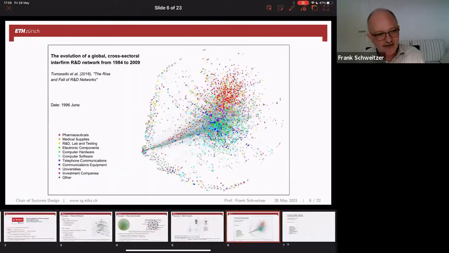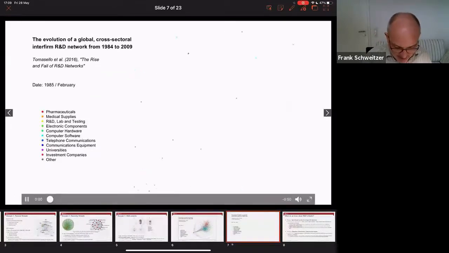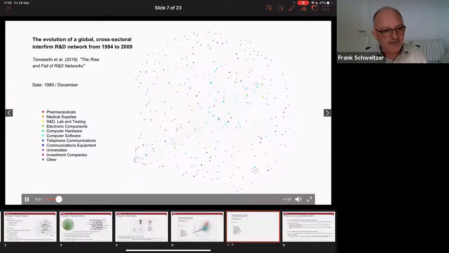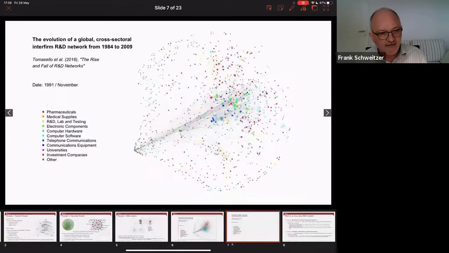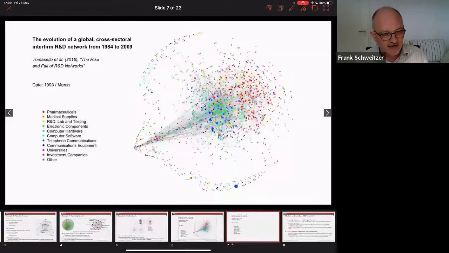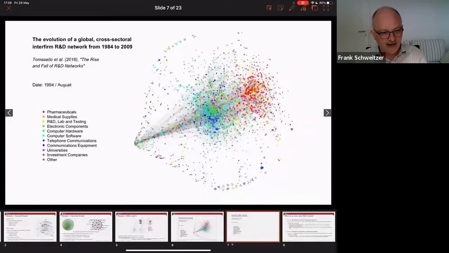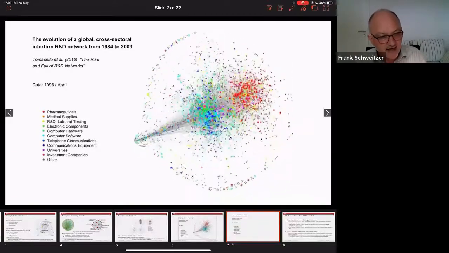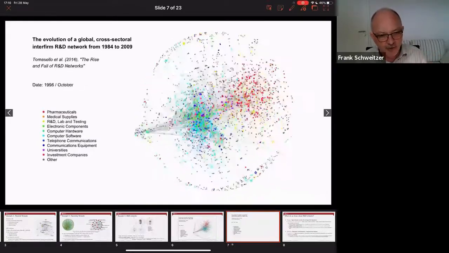Let's have a look into our small video here. That's okay. So I do hope that everyone can see this. So we see that firms from the data set emerge on the scene, and these firms form research collaborations. And this way you see the network emerging. The network becomes denser and denser, and you see clusters of red and blue firms.